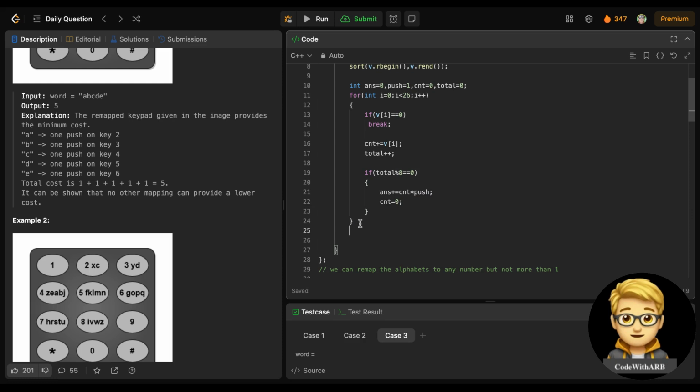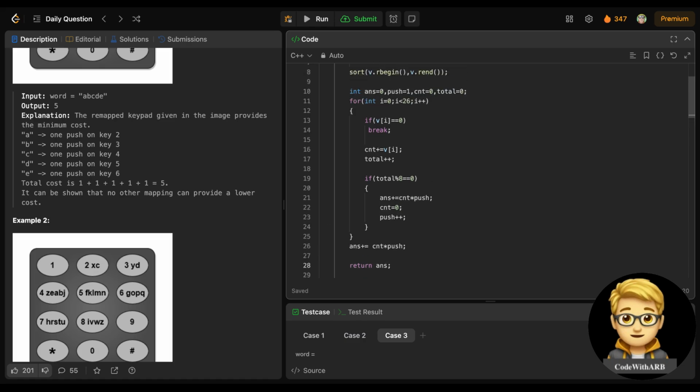After this, if we have calculated all this and the total is not equal to 8, but still some characters are left, we also need to increase the push, because for the next characters, the push will be one greater than the previous one. So at last we will insert this cnt into push, and we will return the answer.